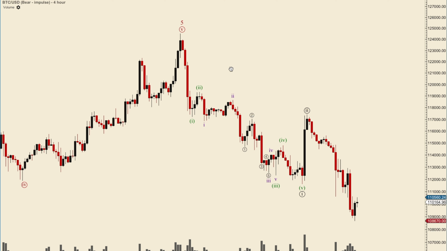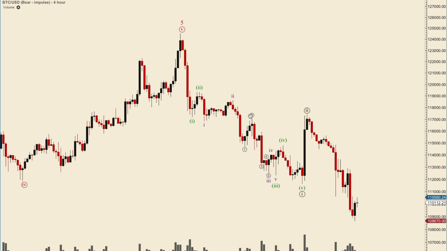So the first scenario is that this is a finished wave 5, and then we are looking at an impulse down. So here you can see 1, 2, and then another 1, 2 of a lower degree, and then another 1, 2 of a lower degree. So this has the issue of the proportions being not great, because you can see here the time between wave 2 and wave 4 is not even 0.382, which is very uncommon.